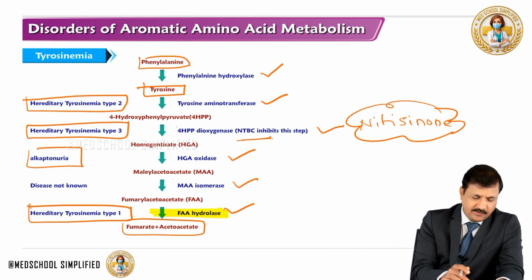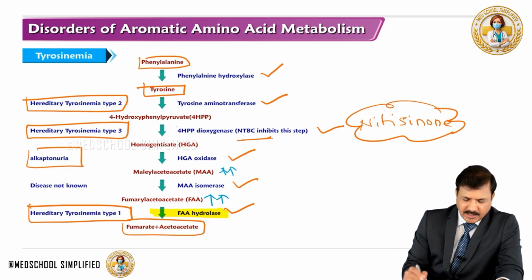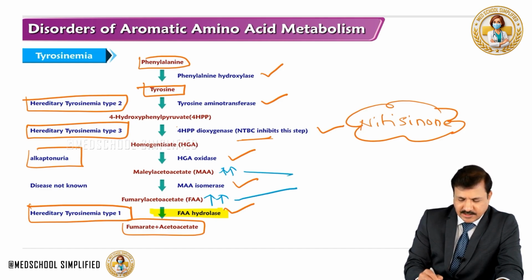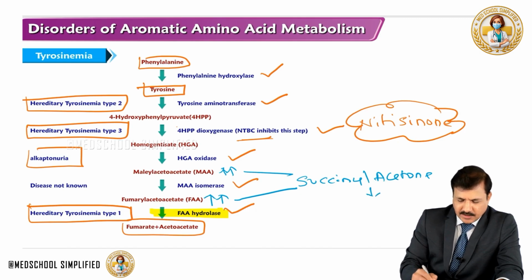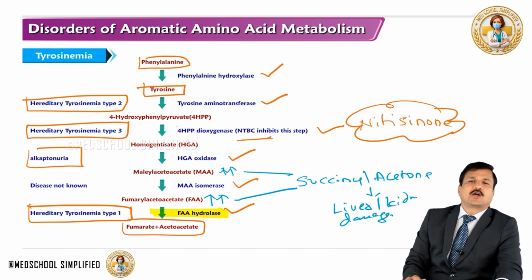That leads to elevation of fumarylacetoacetate, which leads to elevation of malylacetoacetate. Both will be converted into succinylacetone, and this succinylacetone will lead to liver and kidney damage.